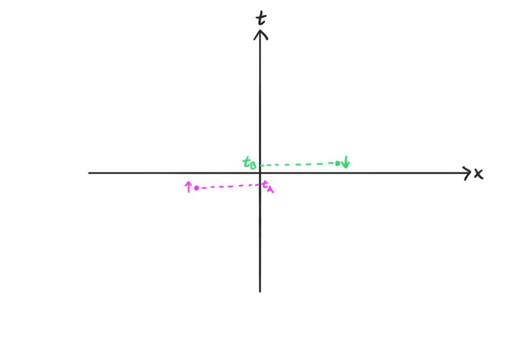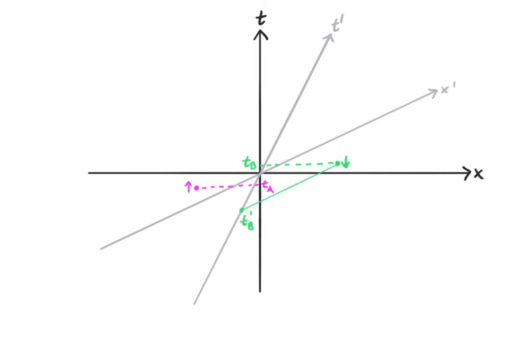But now let's consider a different reference frame, one that's moving at nearly the speed of light in the positive x direction relative to the one that we've drawn so far. Making use of what we learned about simultaneity, we can see that in this new reference frame, Bob's measurement occurs before Alice's.